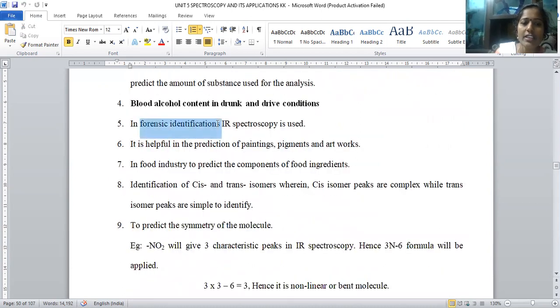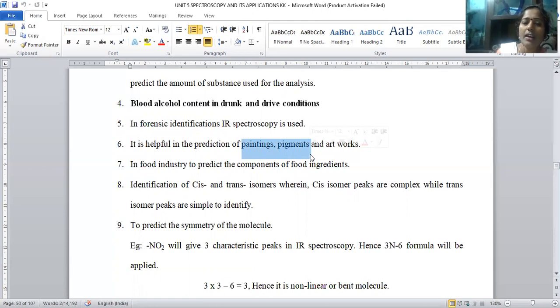And even in forensic identification, to identify the fingerprints of criminals, it is very convenient to use infrared radiation to identify forensic findings.